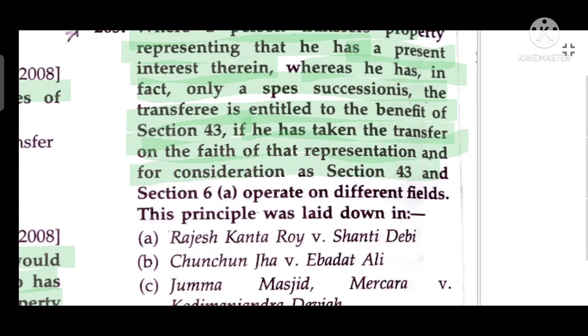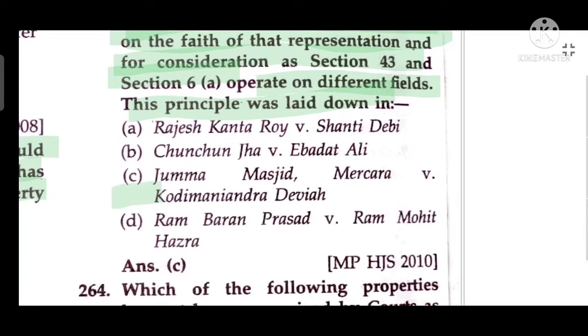Section 43 and Section 53A operate on different fields. The principle is laid down in Jama Masjid Makkara versus Kodi Manidara Deval.